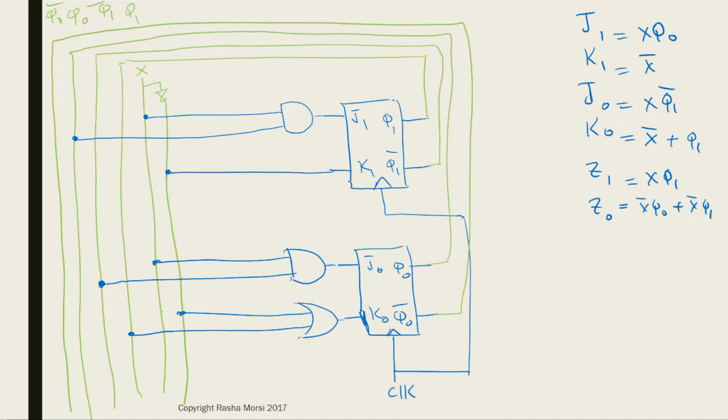So now we need to build the Z1, Z0 output, and unfortunately I did not give myself enough space to do that. So we're going to start by drawing Z0 first. And Z0 is an OR gate with two AND gates going in. So we're going to draw the OR gate first, and then we have the two AND gates. The first AND gate takes in X bar and Q0, and the second one takes in X bar and Q1.